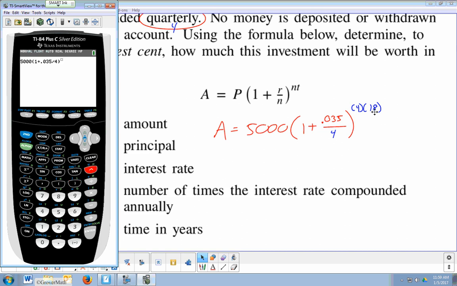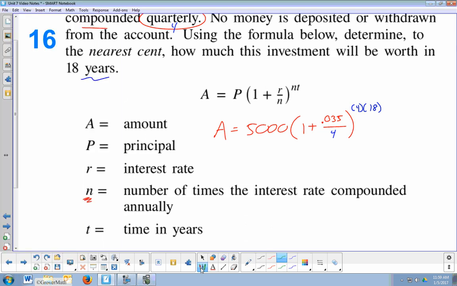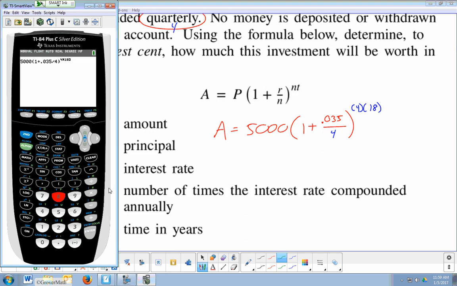And raised to the, here I could separately figure out what 4 times 18 is and type that in, or I can do 4 times 18. Now I have newer calculator software where it actually raises up. If you don't have a calculator that puts the exponent on your screen when you hit the exponent key, then you do want open parentheses, 4 times 18, close parentheses. And if you don't get the same answer as me, try typing it in a little more accurately with a little more parentheses.